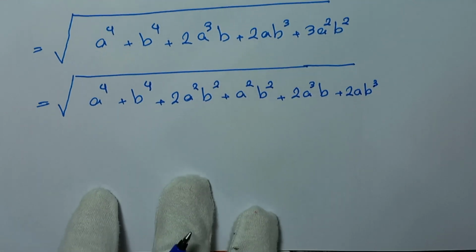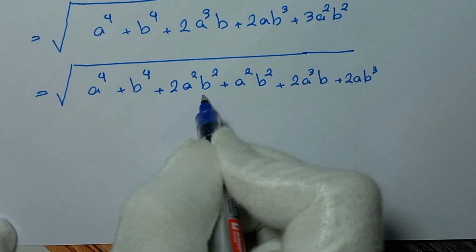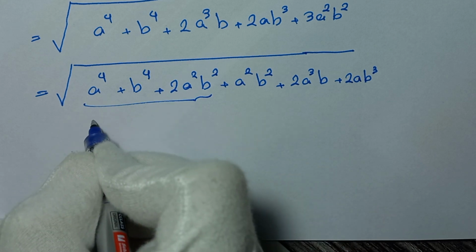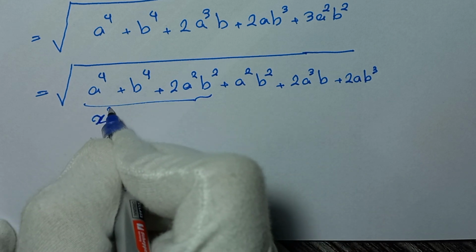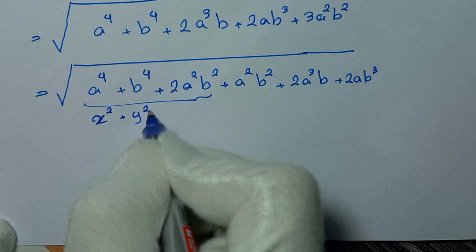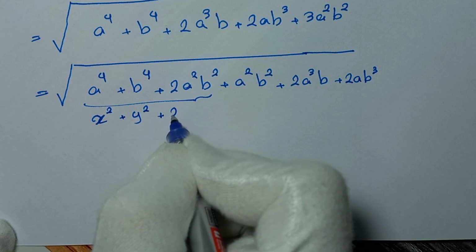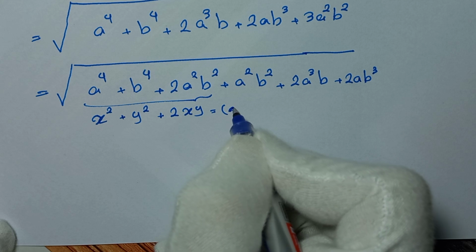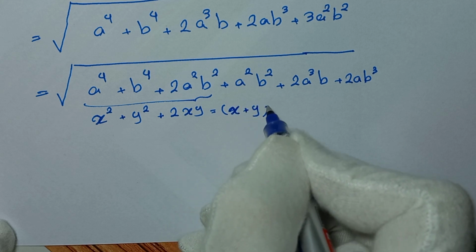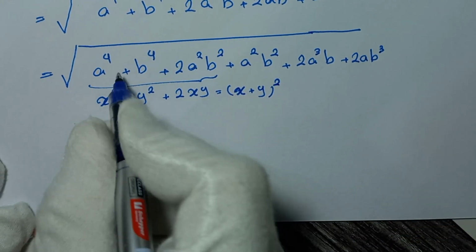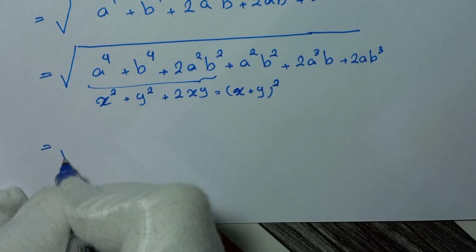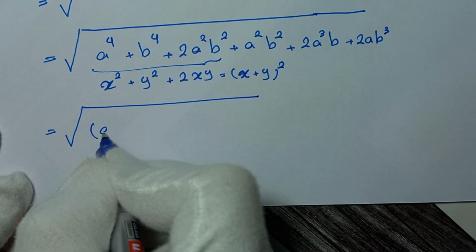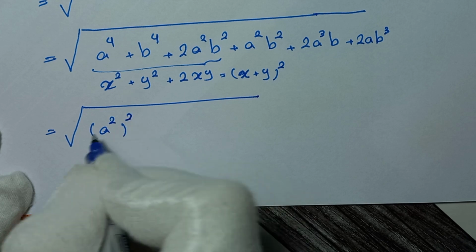So in the next step, from these three parts, this is in the form of x square plus y square plus 2xy, which is equal to (x plus y) to the power of 2, right? So we write this in this form: here we can write a to the power of 4 as (a square) to the power of 2, right?